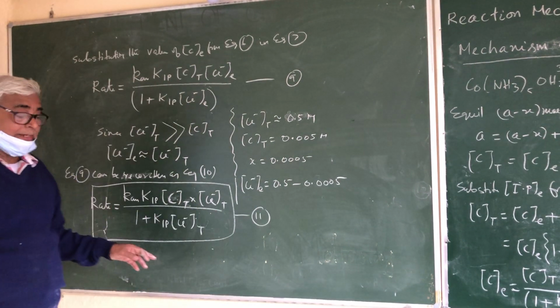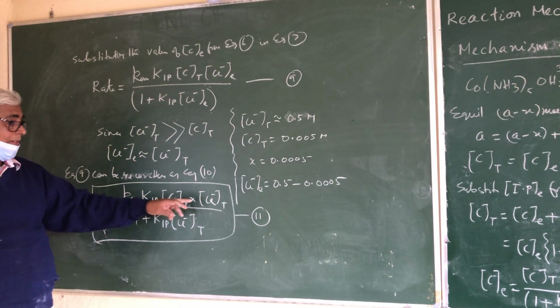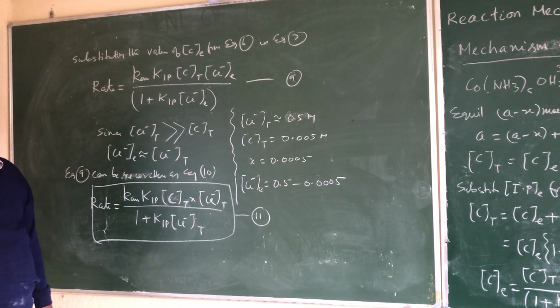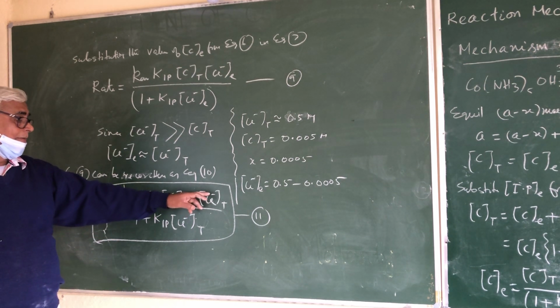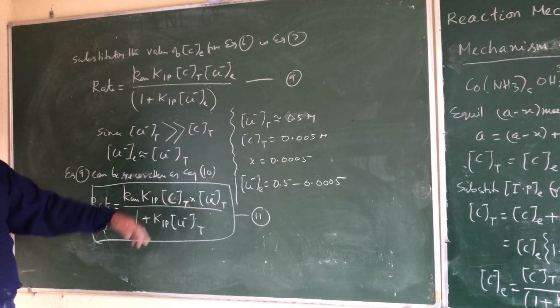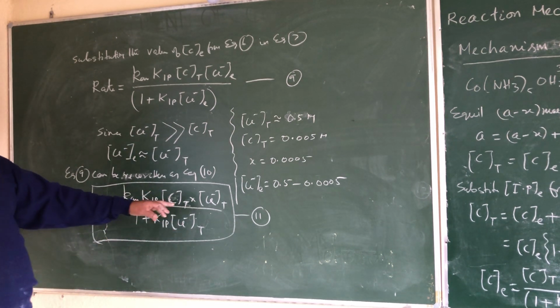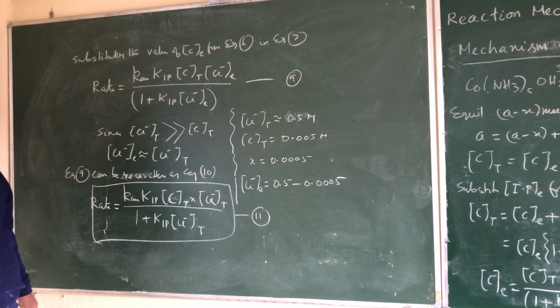This rate law indicates the reaction will show first order dependence in complex and fractional order dependence in chloride. Because in the numerator you have chloride total, in the denominator also you have chloride total, therefore the reaction will show fractional order dependence in chloride total and first order dependence in complex total.